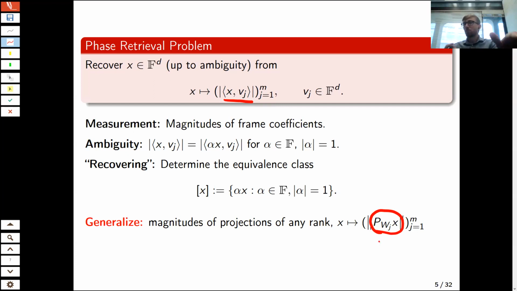Without taking a magnitude, that would be in the realm of fusion frames. Taking a magnitude would be like taking a norm of that component: norms of projections of a vector. Can we still hope to recover which class it is in? I'm going to be working with this generalization.